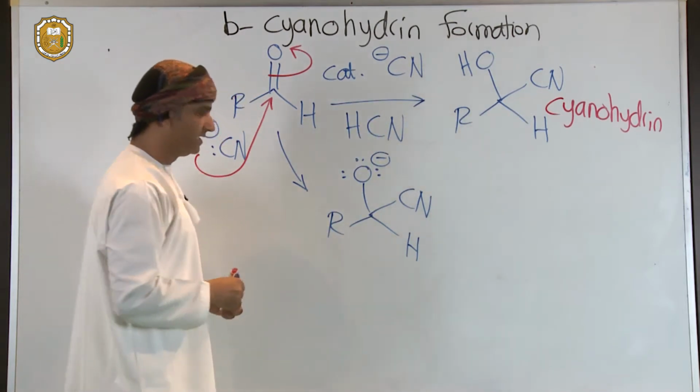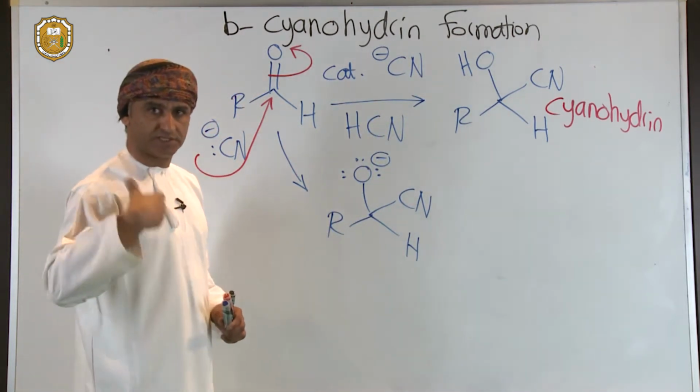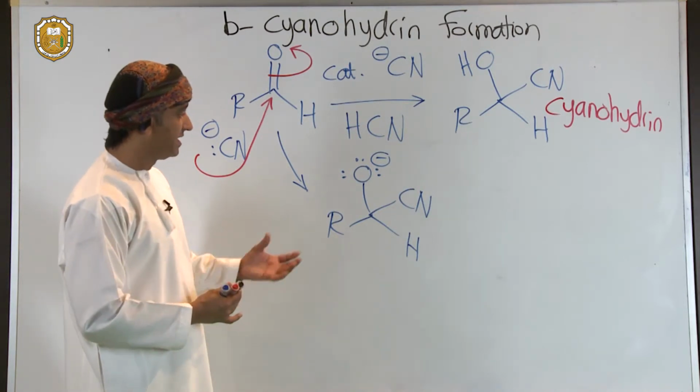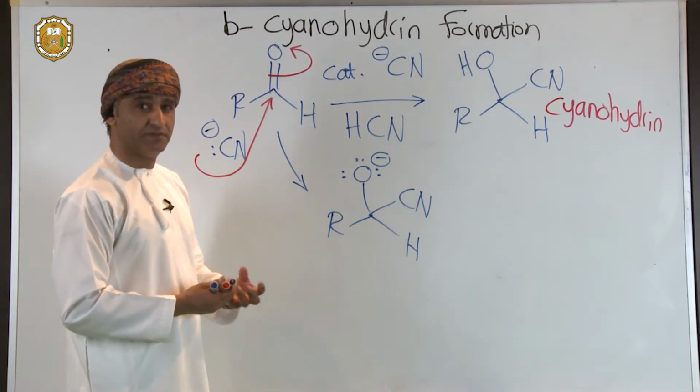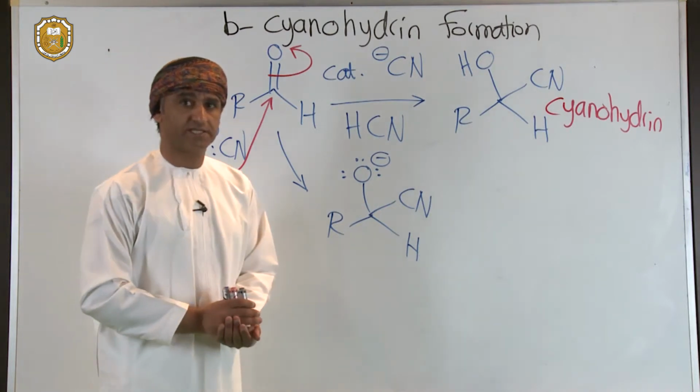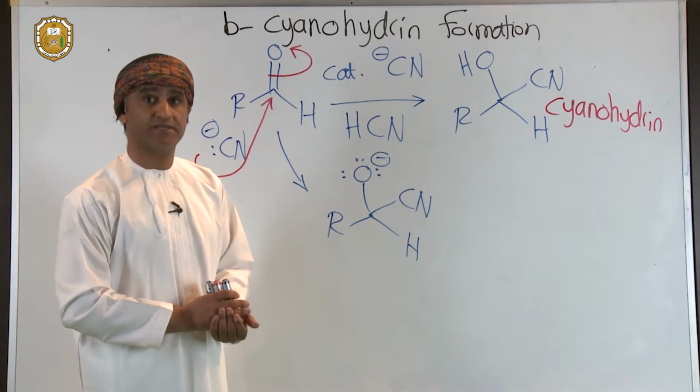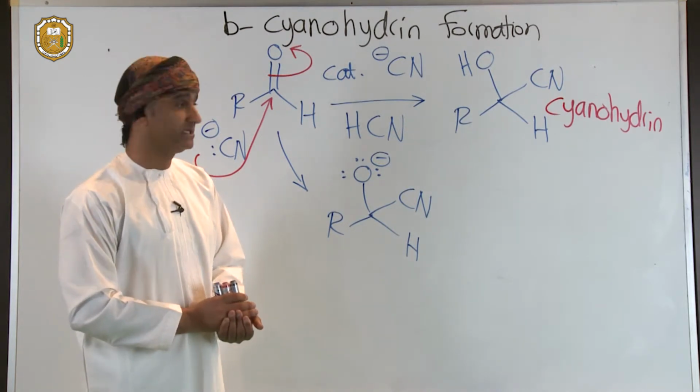That intermediate alkoxide, which is the product of this nucleophilic addition reaction, as we have seen before in the general representation of the attacks of nucleophiles on aldehydes and ketones, then gets protonated.